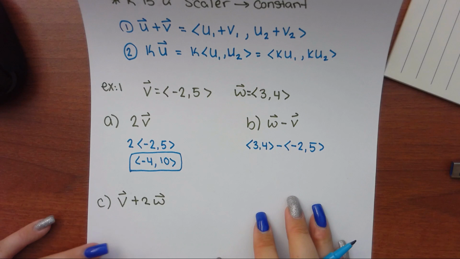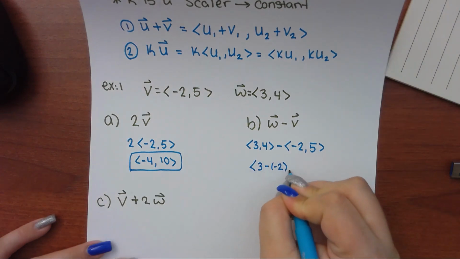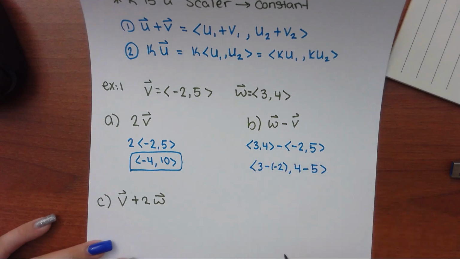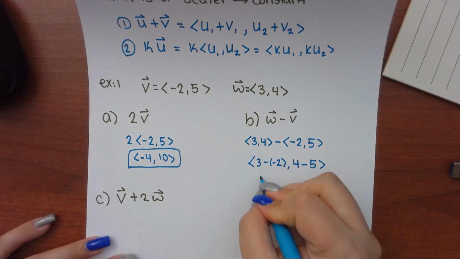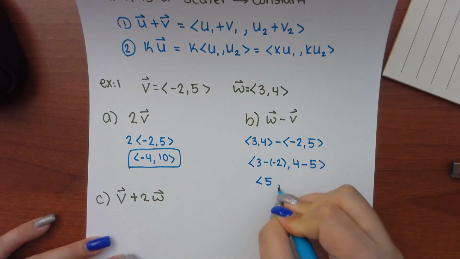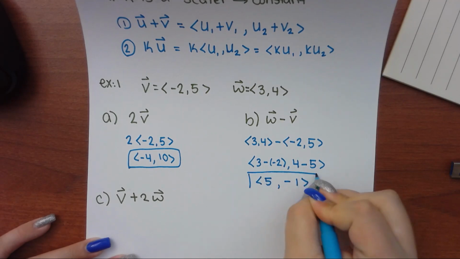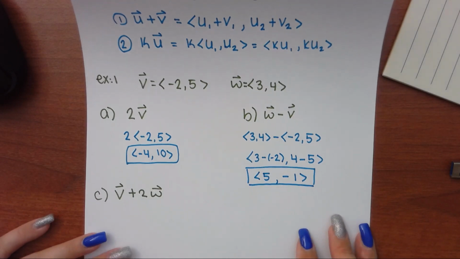So 3 minus a negative 2 and 4 minus 5. 3 minus negative 2 is 3 plus 2, so that would be 5. And 4 minus 5 is negative 1. My answer for this one would be 5, negative 1. Not trying to overcomplicate things or make it too simple, but that is really all it is.